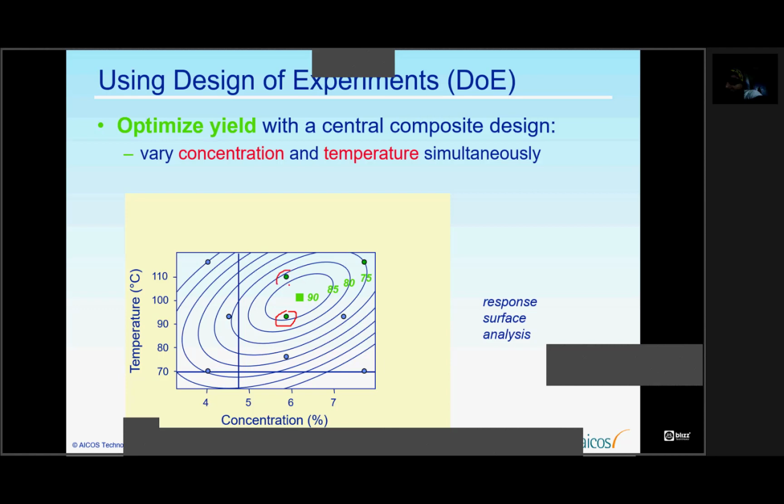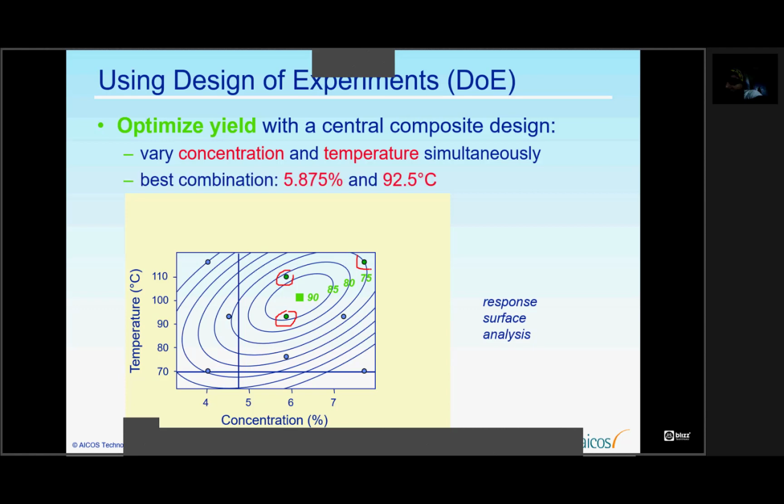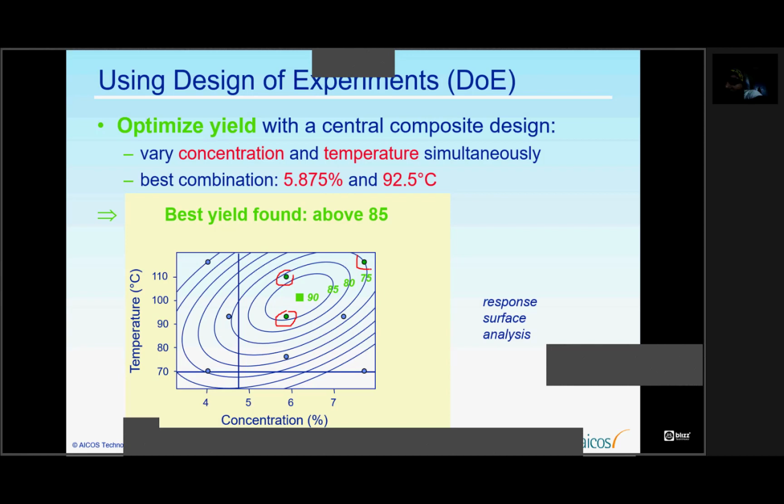This one is also 80 something, and this one here has 75. So we already have 3 points that are better than what we believed to be the optimum according to the other method. So finally, we find the best combination, and the yield is above 85. The number of experiments performed in both cases is the same, it's 9.